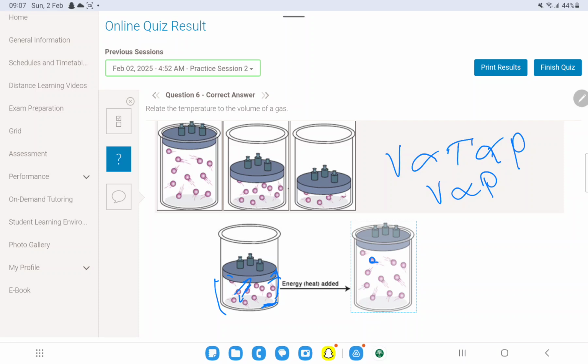So when the temperature increases, volume increases. So when the temperature increased here, the pressure increased, causing the volume to increase.